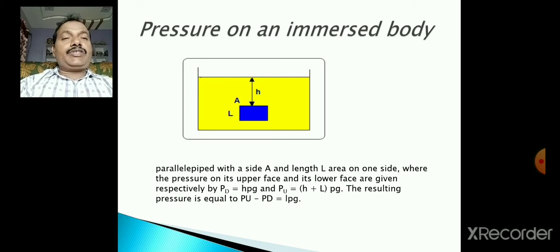Rho is the density of the fluid. So this is the pressure on an immersed body.